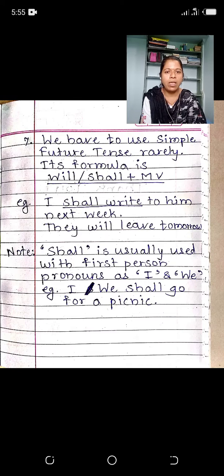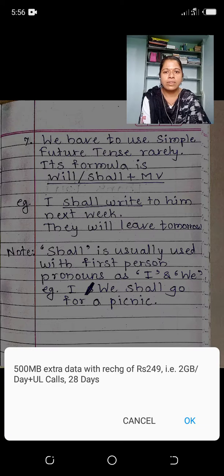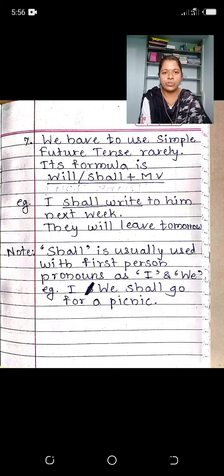See, for example, I shall go for a picnic, or we shall go for a picnic, and so on. Otherwise, will is used for any kind of subject in a simple future tense sentence. Will can be used for each and every pronoun or noun, while shall is usually used with only first person pronouns.